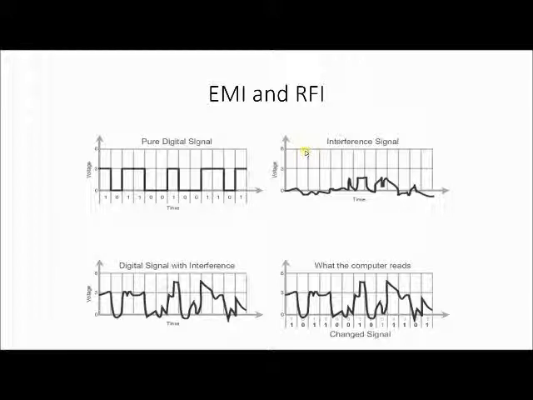The data is transmitted in copper with electric pulses, so the downsides on the copper are electromagnetic interferences or radio frequency interferences, signals that can distort or corrupt data through the copper wire.